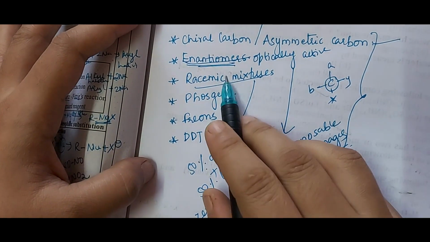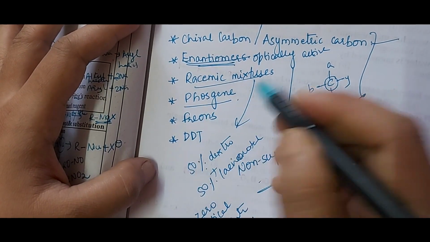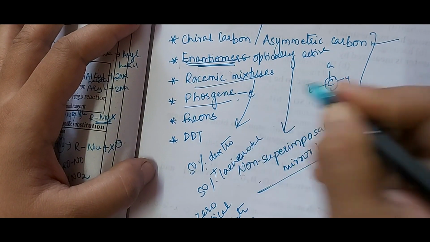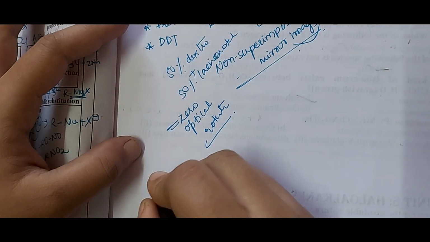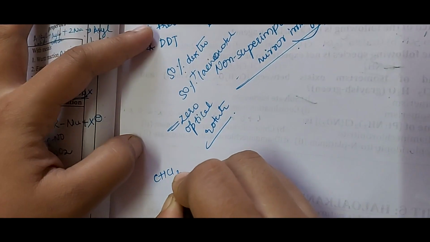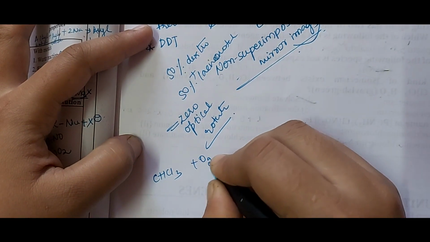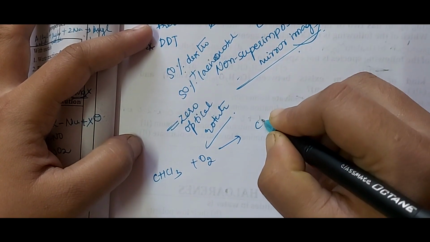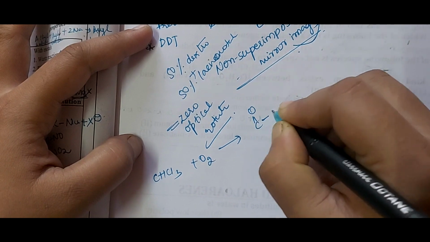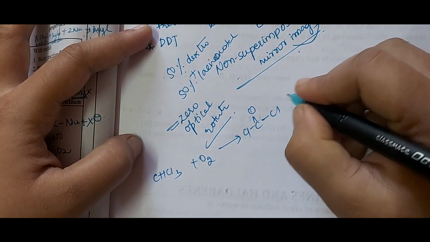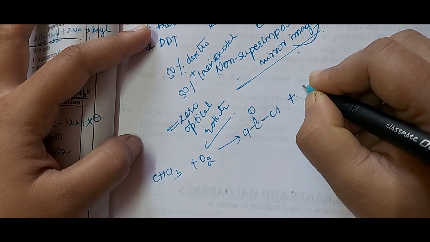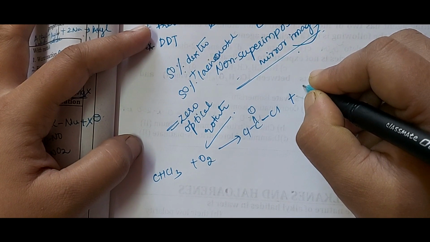Next is phosgene. Phosgene is formed by the oxidation of chloroform. So when chloroform undergoes oxidation, it results in the formation of carbonyl chloride. So you should know it, that is, this carbonyl chloride is the poisonous gas which is formed due to the oxidation of chloroform.